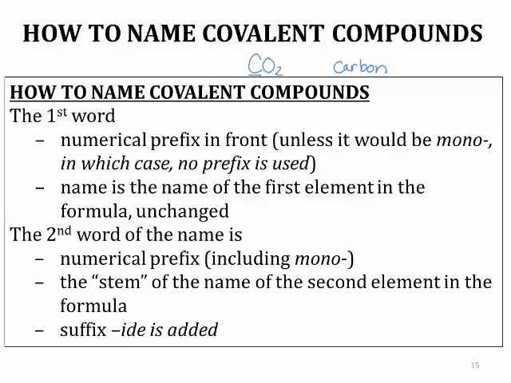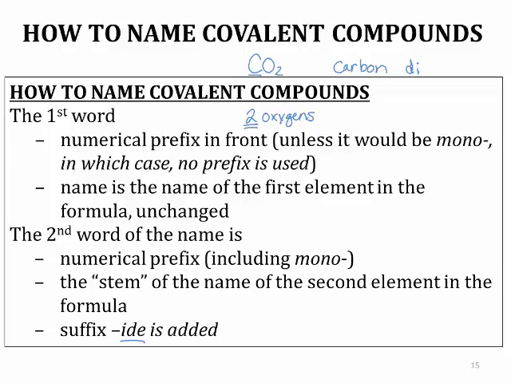The second word uses the numerical prefix, no matter what it is, including mono, if it is mono. And then I have the stem of the name of the second element, and I end it in IDE. So in this case, I have 2 oxygens. 2 I replace with di, di.